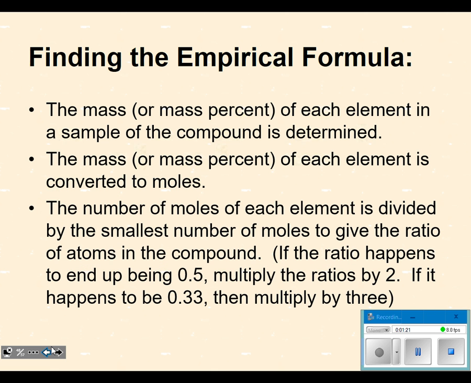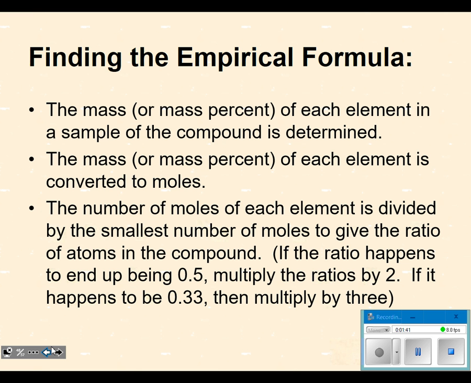Once you get the number of moles for each element, you divide by the smallest number of moles in that compound. Whichever atom has the smallest amount of moles, you divide all the rest by that amount, so that one becomes a value of 1.